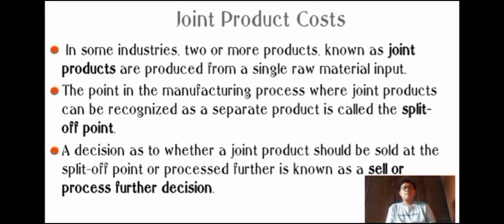The split off point is the point in the manufacturing process where joint products can be recognized as separate products. The sell or process further decision is a decision as to whether a joint product should be sold at the split off point or processed further.